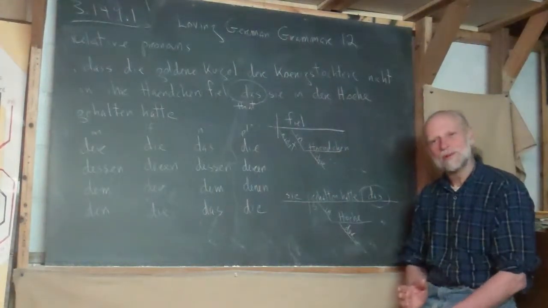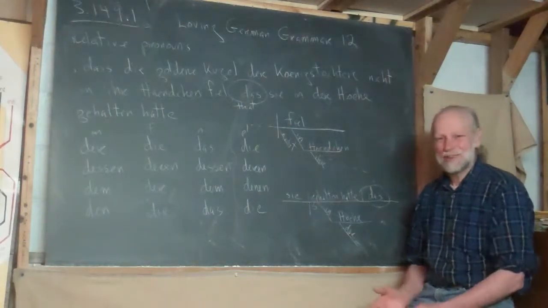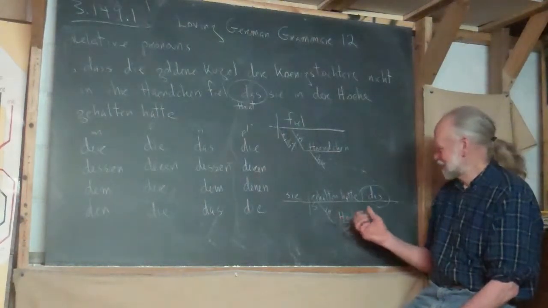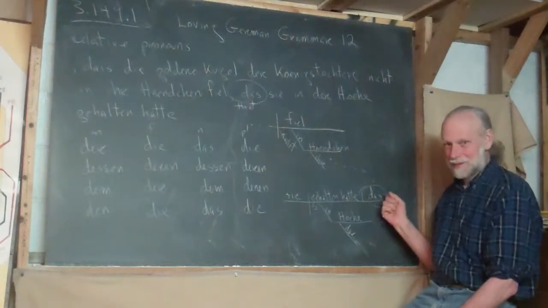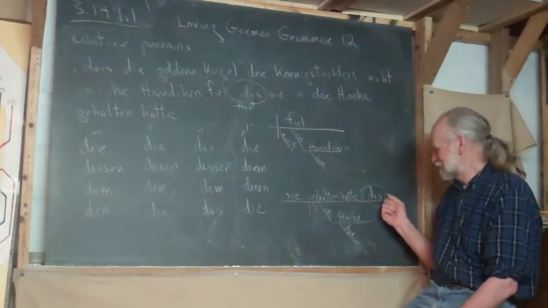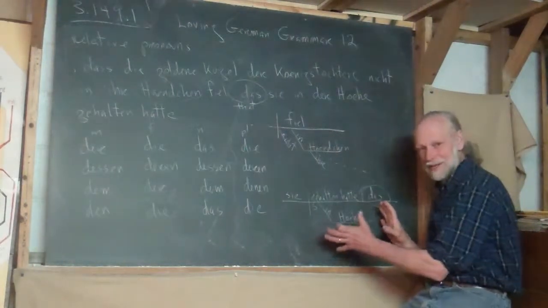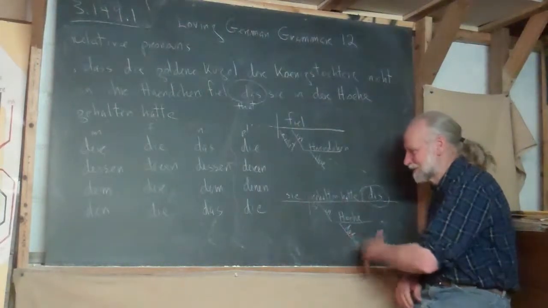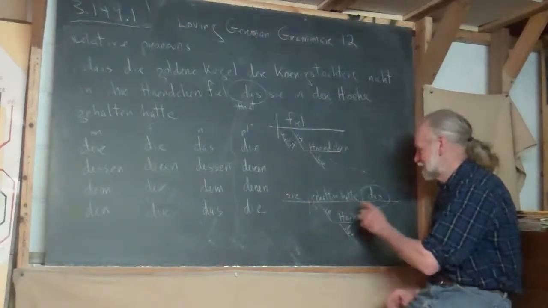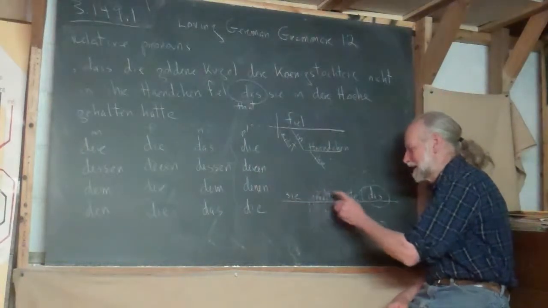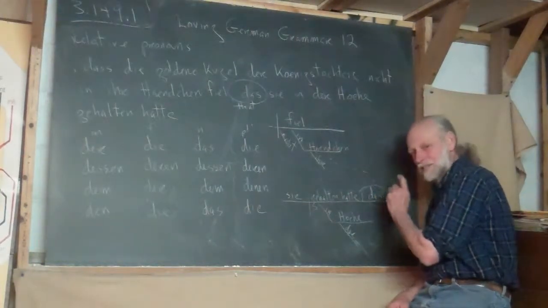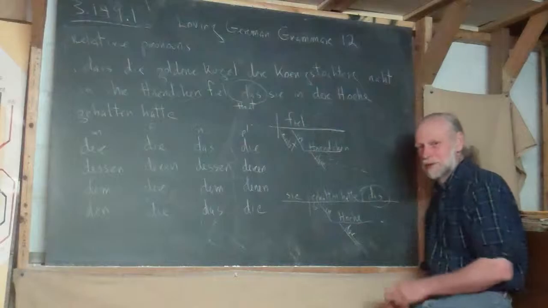Now, what's so cool, in English, when you diagram it, you put the relative pronoun where it occurs in the syntax of the relative clause. You see, it's the direct object. She had held the hand. It's the direct object. So when you diagram it, you put it there.